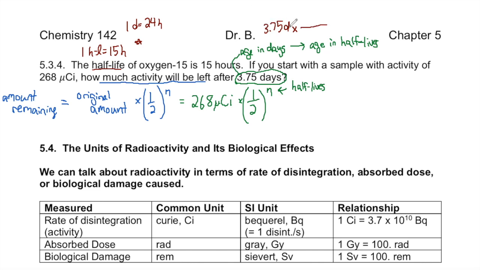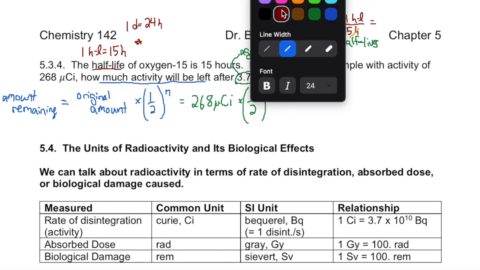So we'll take the age in days, multiply it by 24 hours in a day, and then we will have the age in hours. Then we need one more conversion factor. That 15 hours is 1 half-life. When we do this, the days cancel and the hours cancel, and we will have our age in half-lives.